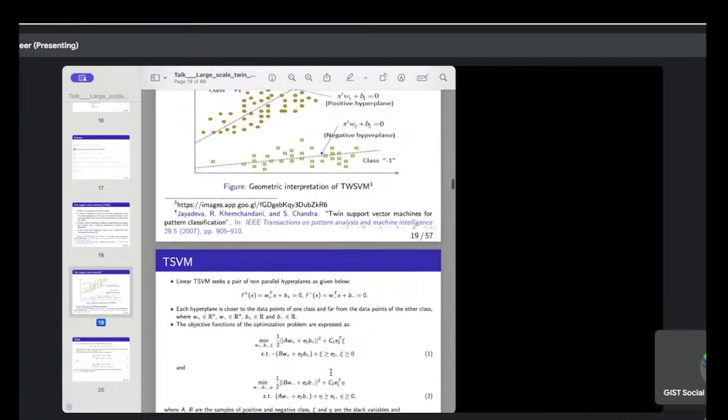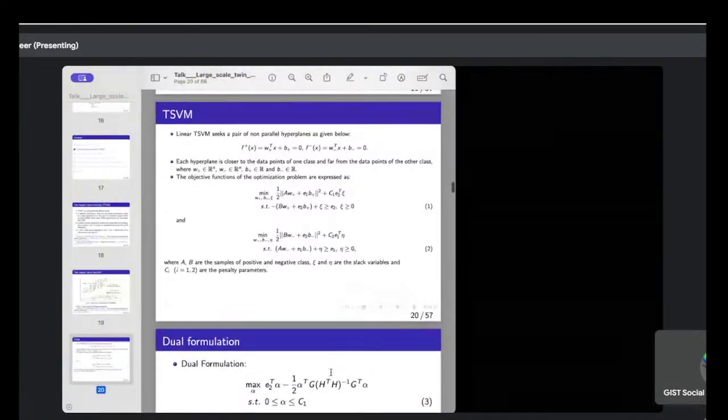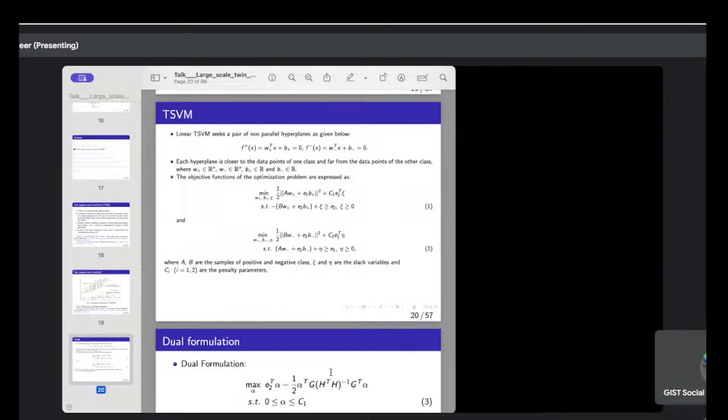So if I see it in a more general way, the twin support vector machine, or TSVM, comprises a pair of quadratic programming problems like equation 1 and equation 2. In each QPP, the objective function corresponds to a particular class, and the constraints are determined by the patterns of the other class.